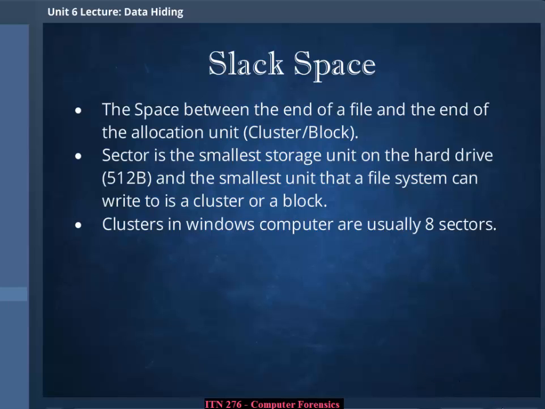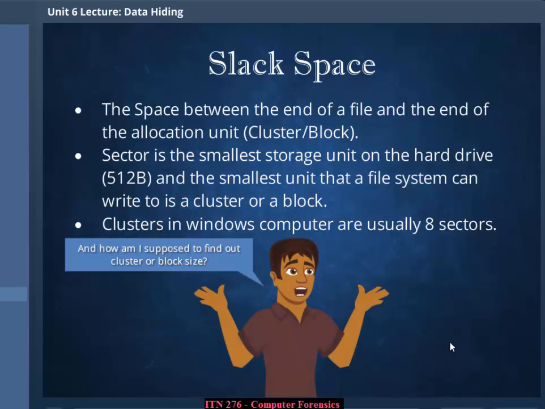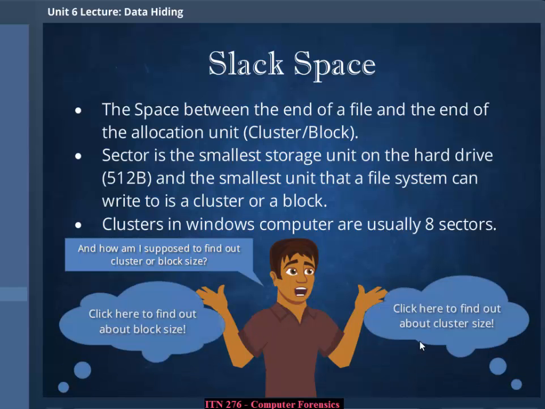Slack space is defined as the space between the end of a file and the end of the allocation.